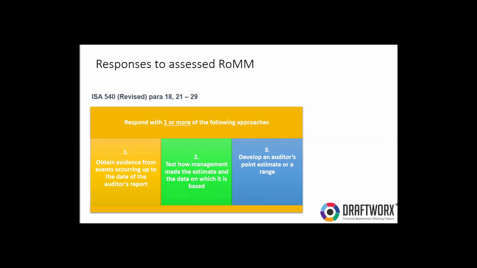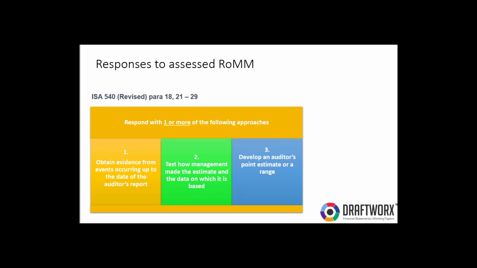ISA 540 revised in paragraph 18 specifically says that the auditor's further audit procedures shall be responsive to the assessed risk of material misstatement at the assertion level, considering the reasons for the assessment given for those risks, and the auditor's further audit procedures shall include one or more of the following approaches.